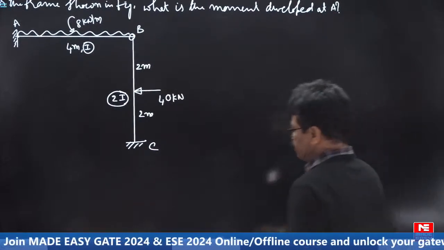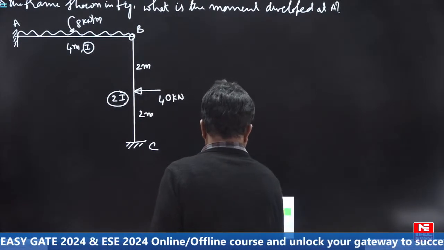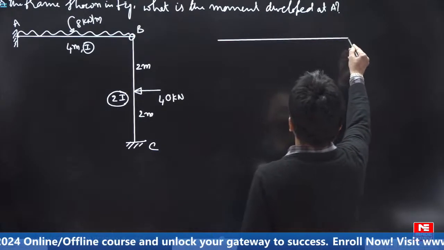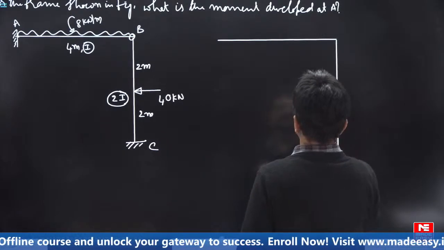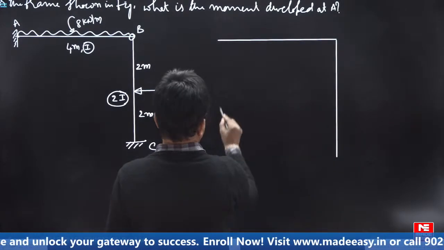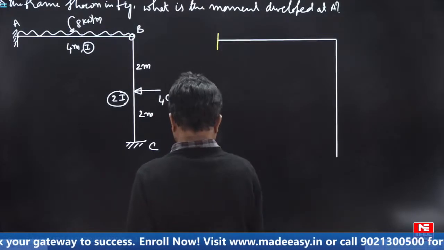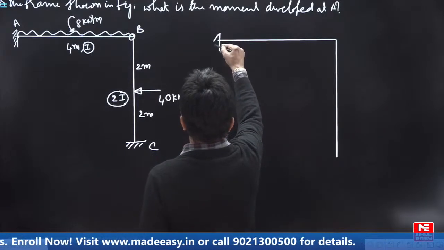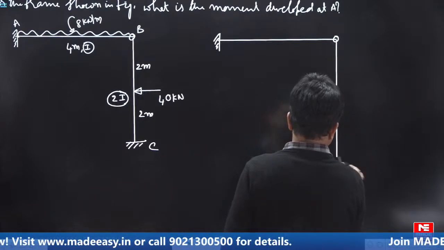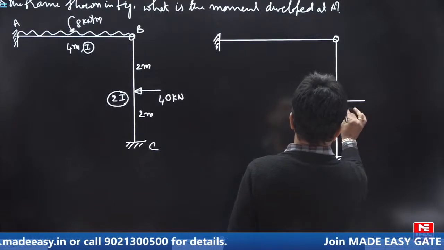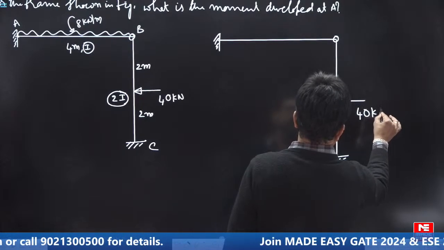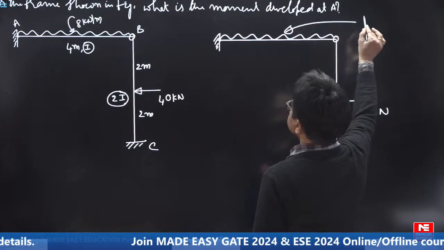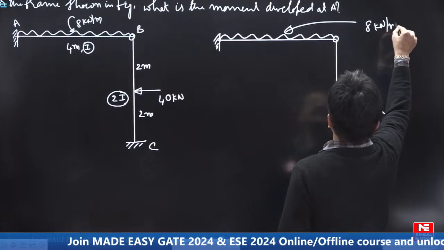Easiest way to finish off this problem is like this. 40 kilonewton, this is 8 kilonewton per meter.